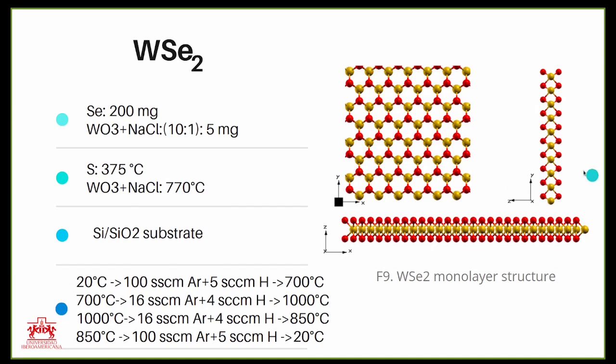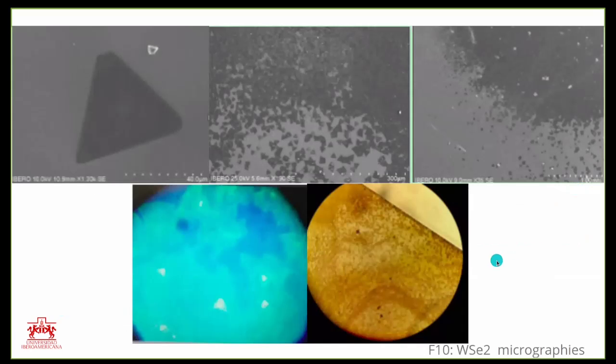And as a result, we also have big triangles and a lot of deposition in this substrate or this wafer. And here you can see that we have a scale of 1 millimeter. So in this sample, we had a lot of deposition.